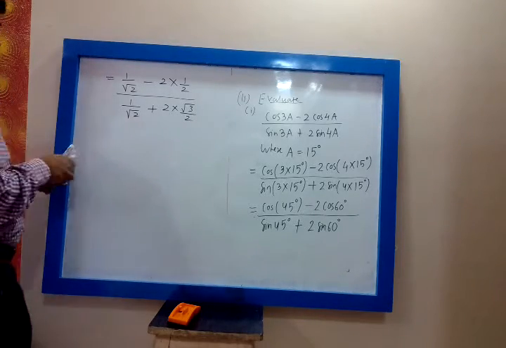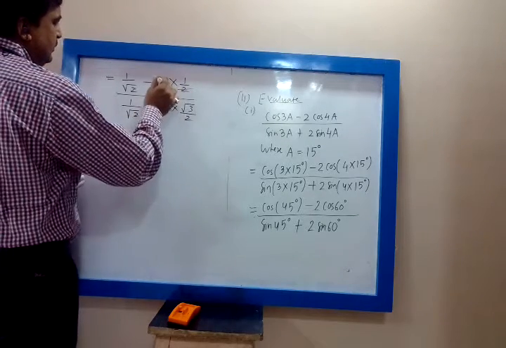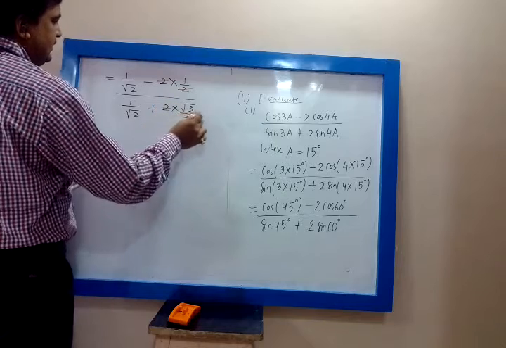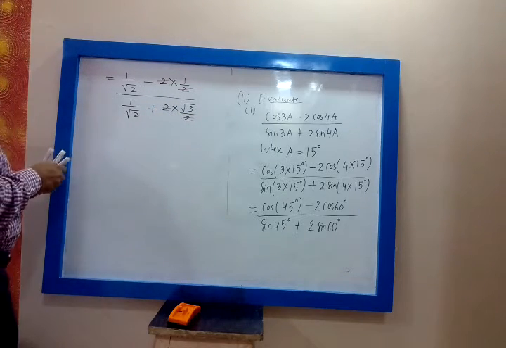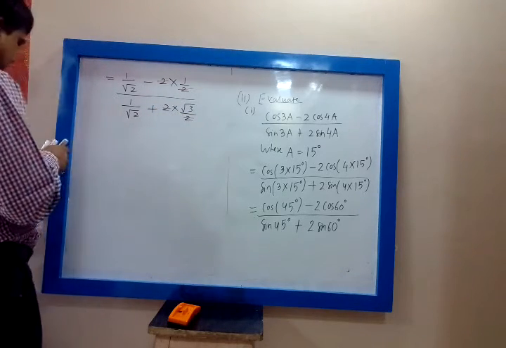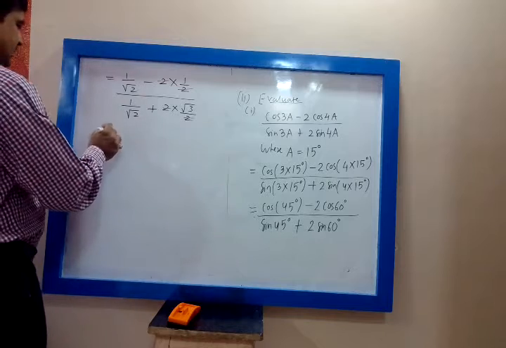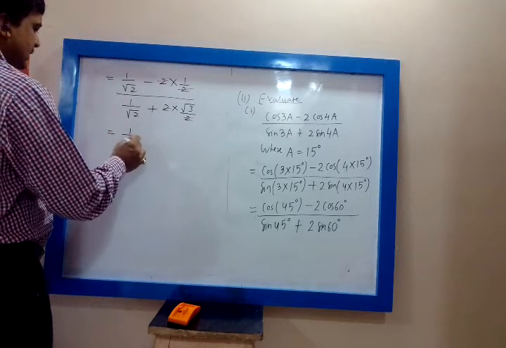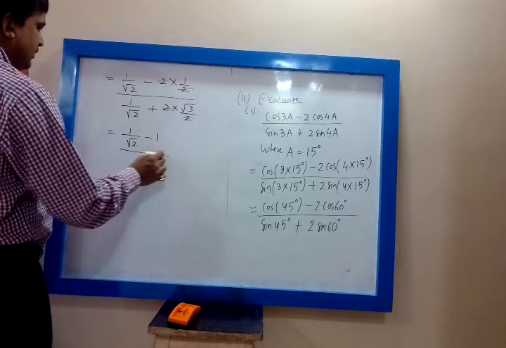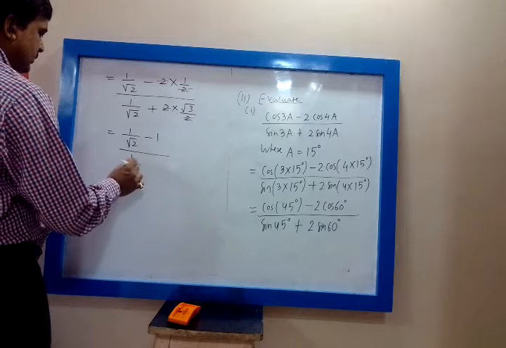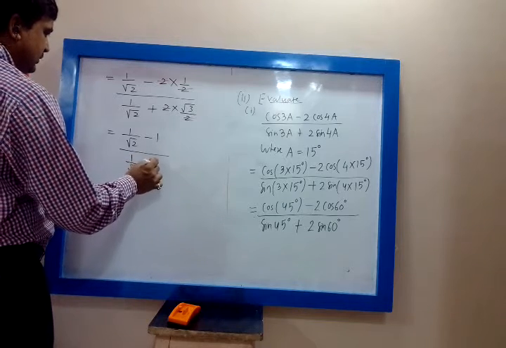The 2s get cancelled. So this is (1 by root 2 minus 1) upon (1 by root 2 plus root 3).